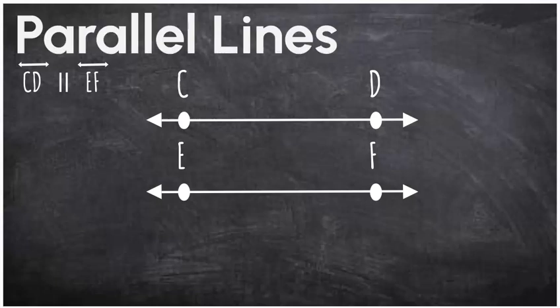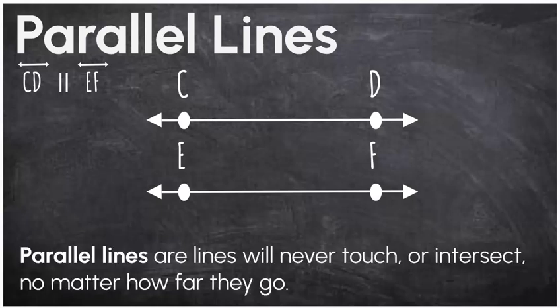Parallel lines. What are parallel lines? Parallel lines are lines that will never touch or intersect, no matter how far they go.